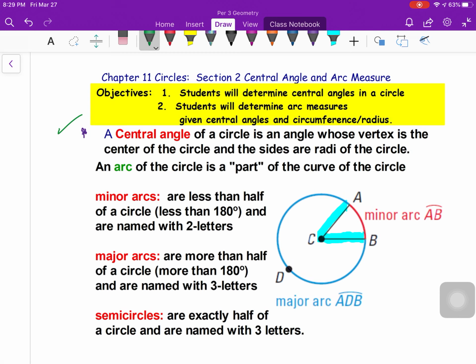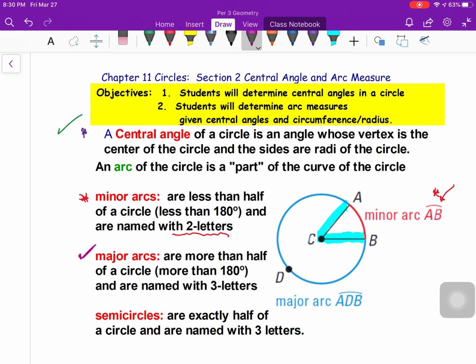Recall from the previous section that a minor arc is an arc that has measure less than half of a circle, so less than 180 degrees. It's always named with two letters. So arc AB, that's the symbol for an arc right there, is a minor arc.